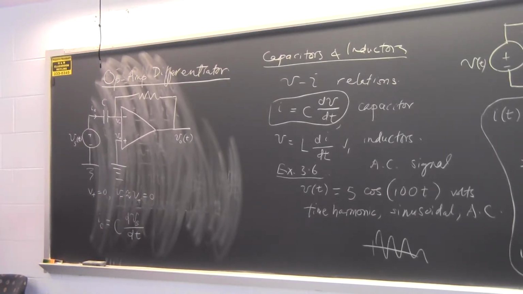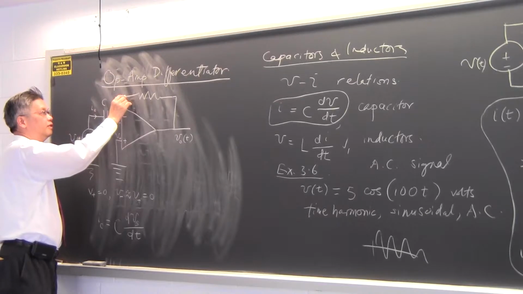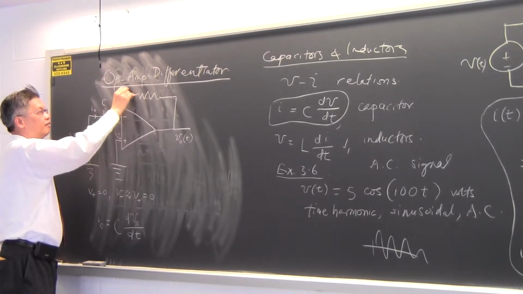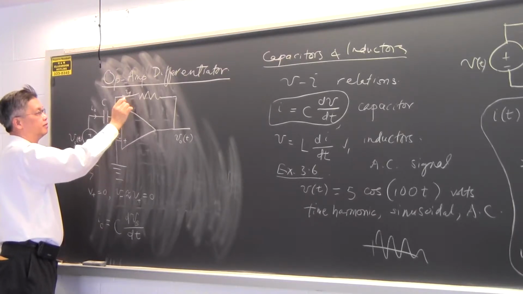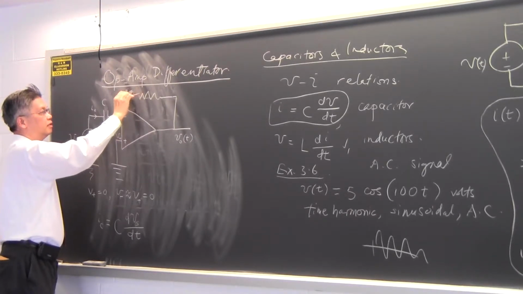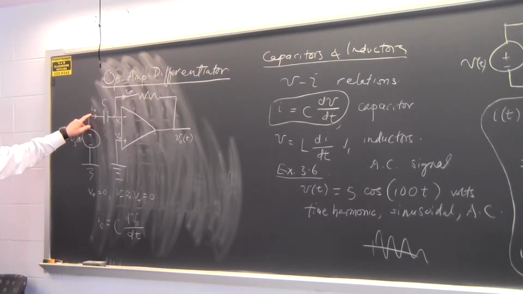Okay, but there is another way of finding IC. If I were to look at this IF, the feedback current that flows in that direction, what do you think the relationship between IF and IC would be?